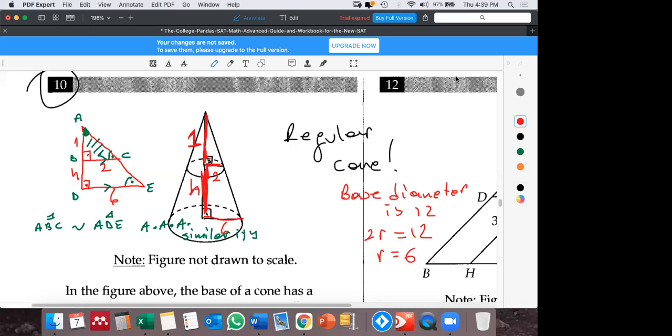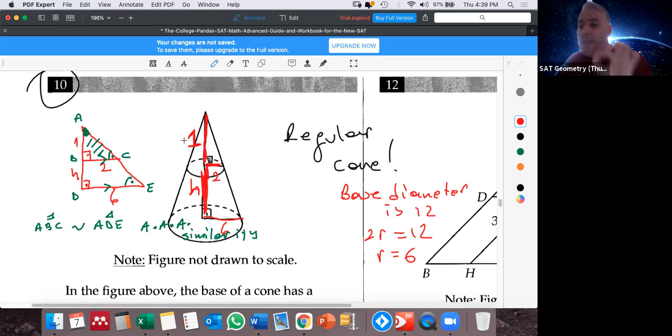Now, if the triangles are similar, they are proportional. In the small triangle, opposite of this angle is 1 unit. In the big triangle, opposite of the same angle is 1 plus h units. In the small triangle, opposite of this angle is 2.